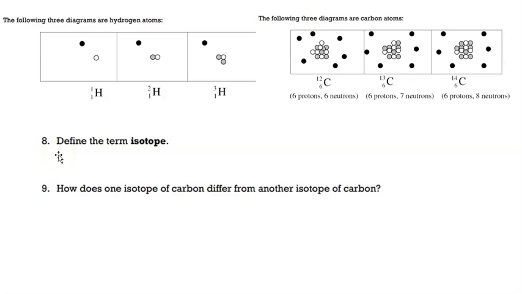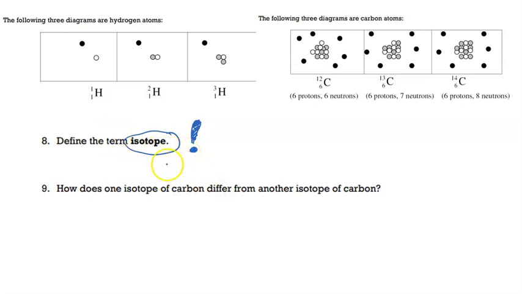So now what we want to do is build a definition for the term isotope. I want you guys to pay close attention, because I am going to use this term isotope a lot, in several units throughout the year. So we need to know what this means.